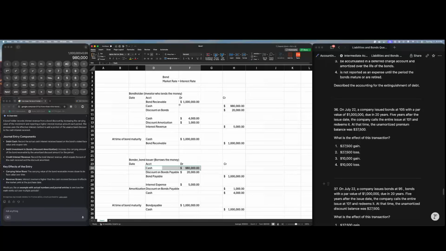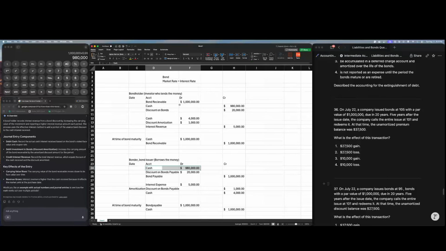They receive cash as well as the discount amortization, which would be amortized over the course of the bond. By the time of the bond maturity, they would receive the cash of $1 million to close out their bond receivable from the bond issuer who borrowed the money.